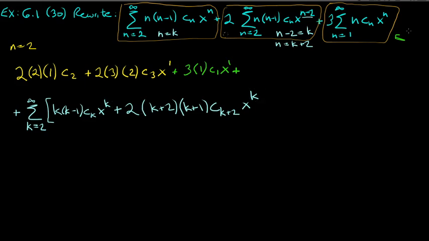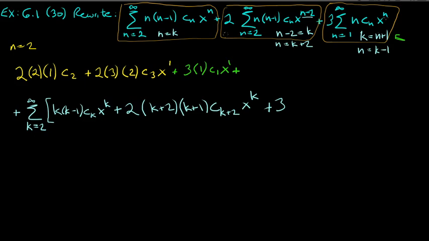Okay, so now we go on to the third term, and plus, now this has a 3 in front, so the 3 stays. And this is going to be x to the 1. If we want to start at n equals 2 as our first exponent, then our k should just be one more than that. k should be n plus 1, which means n is k minus 1.